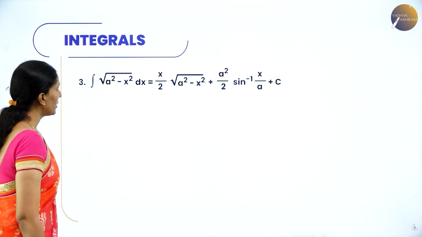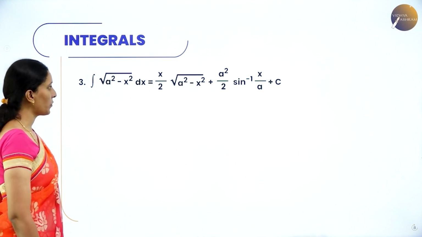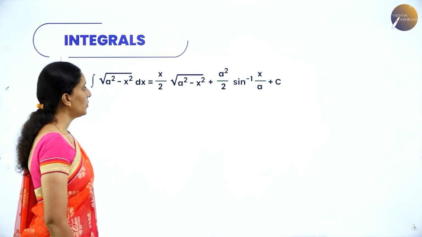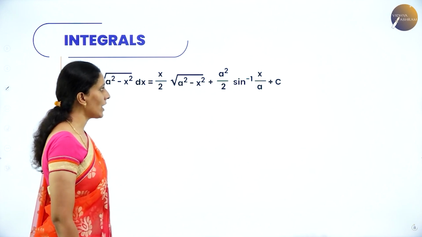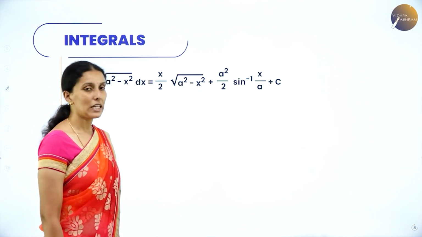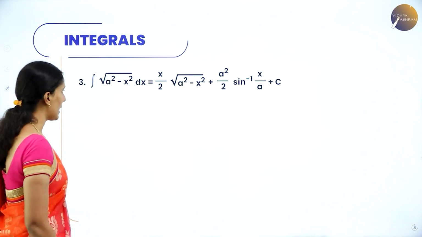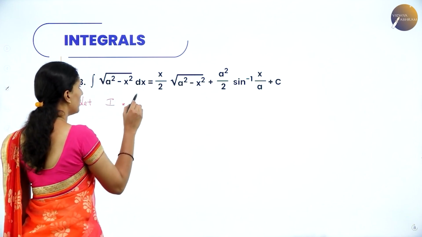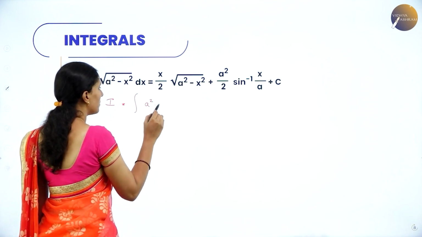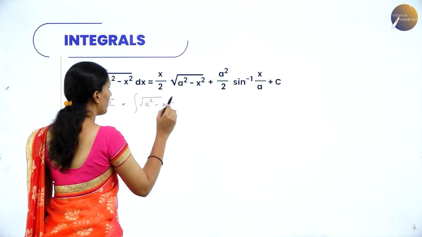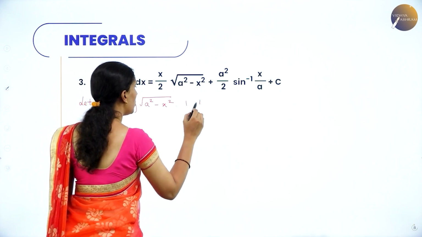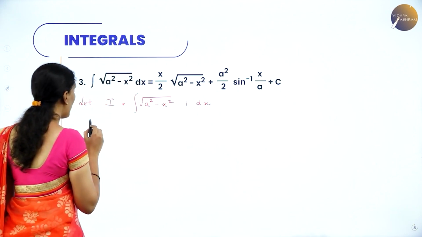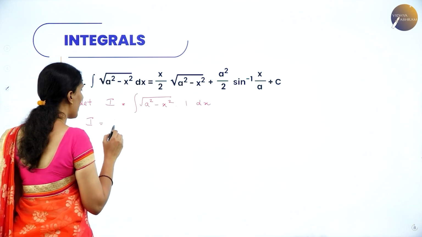Next one will show that the integral of root of a square minus x square dx is x by 2 root of a square minus x square plus a square by 2 sine inverse x divided by a. So, let I is equal to integral of root of a square minus x square into 1. Now, apply the integration by parts.